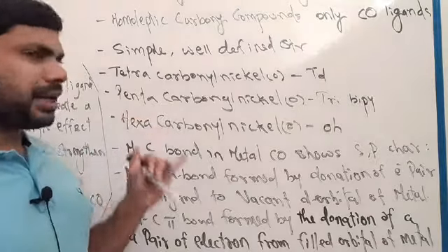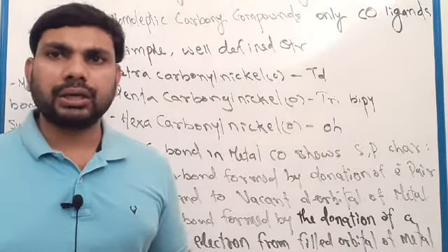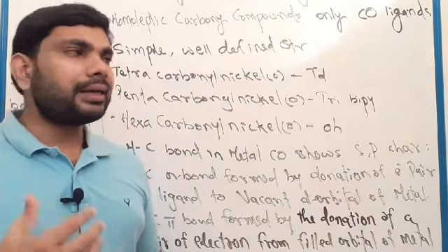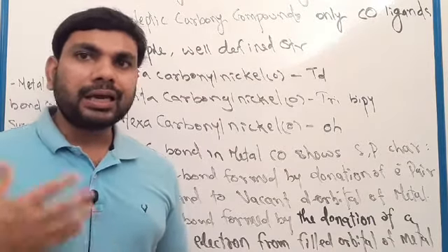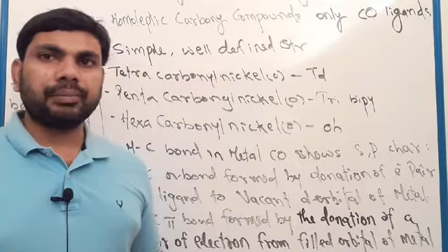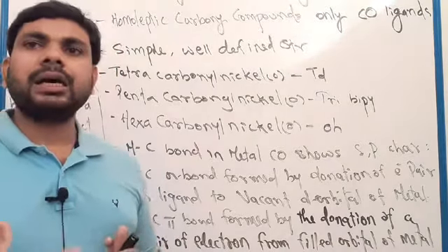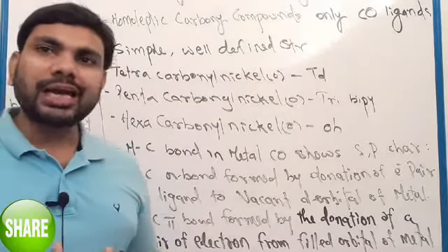Another one is pentacarbonyl nickel. Pentacarbonyl means there will be 5 CO groups and it will be trigonal bipyramidal. Hexacarbonyl nickel means there will be 6 carbonyl groups, and it will be an octahedral structure.